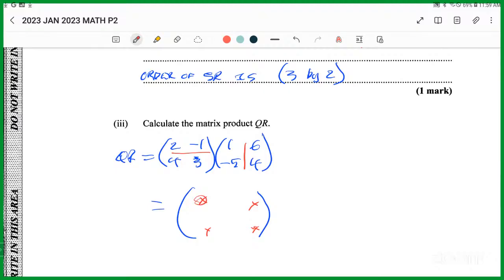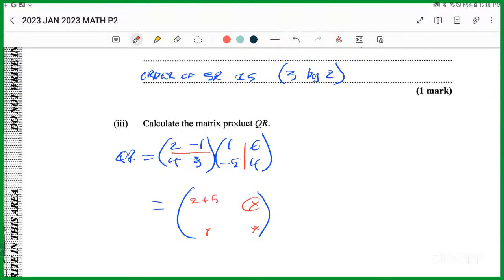And this first value is the first row, first column value. So using this first row times this first column. First element times first element, second element times second element. So it's 2 times 1 and minus 1 times minus 5. 2 times 1 is 2. Minus 1 times minus 5 is a positive 5.